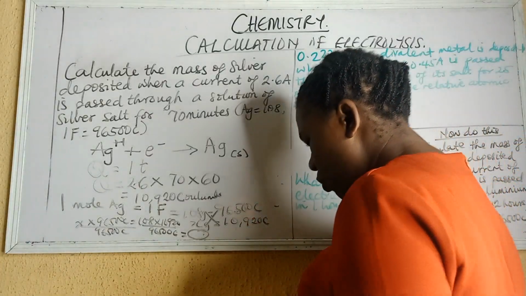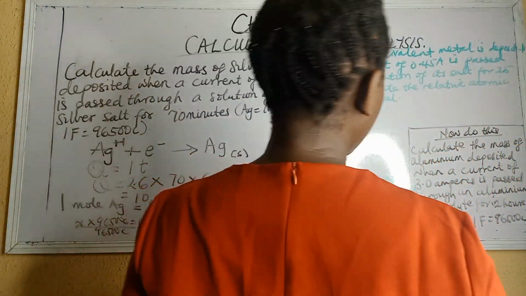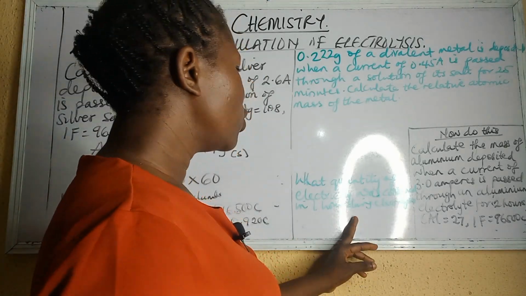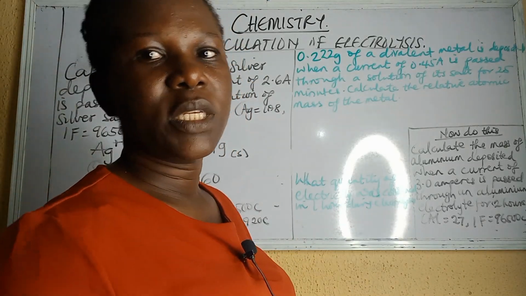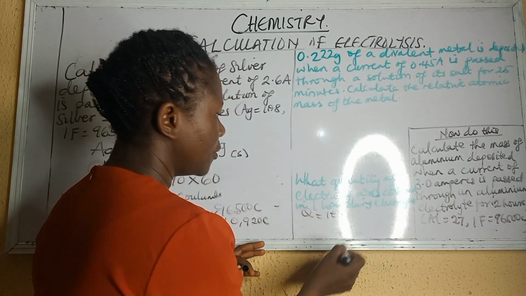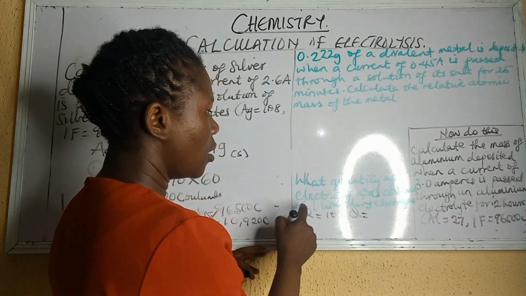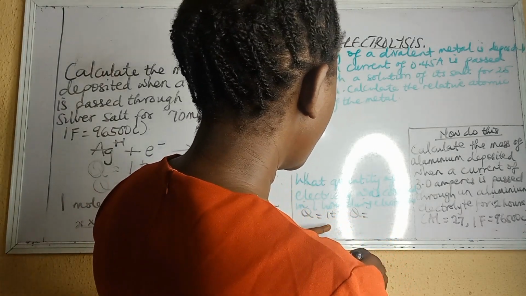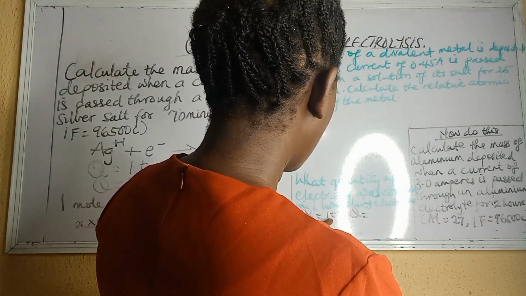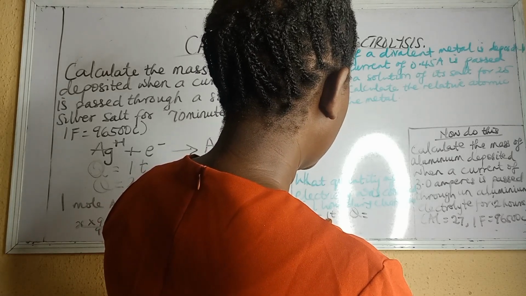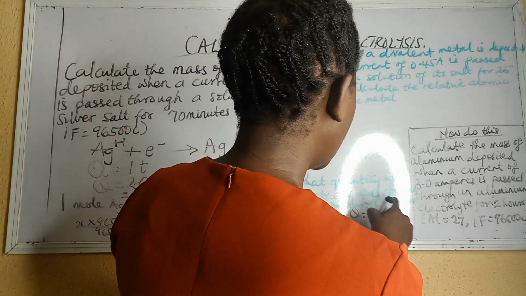Let's look at another question here. This one is just as straightforward as anything. What quantity of electricity was consumed in 1 hour during electrolysis, using Q equals IT? The question is incomplete.